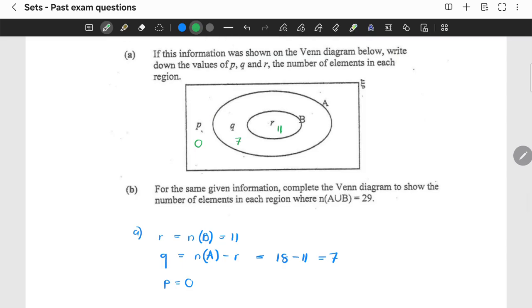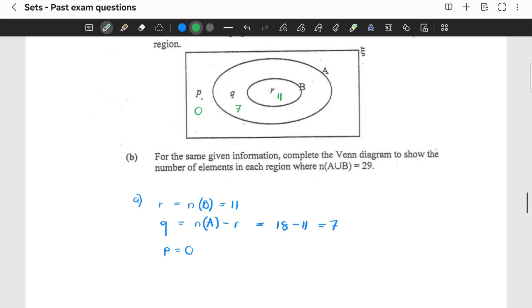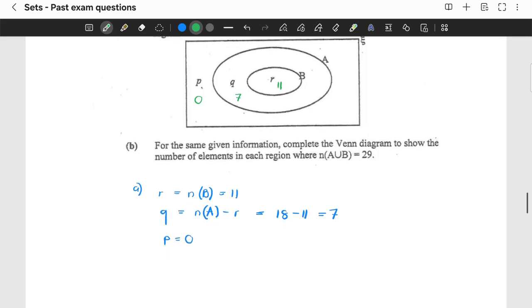Perfect. And it says, for the same information, complete the Venn diagram to show the number of elements in each region where number of A union B is 29.